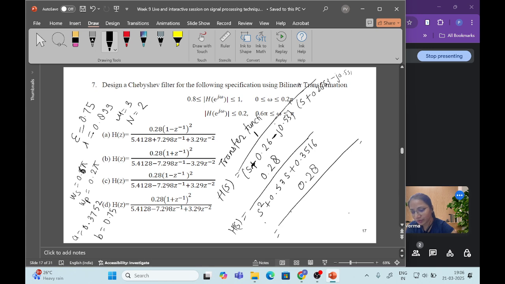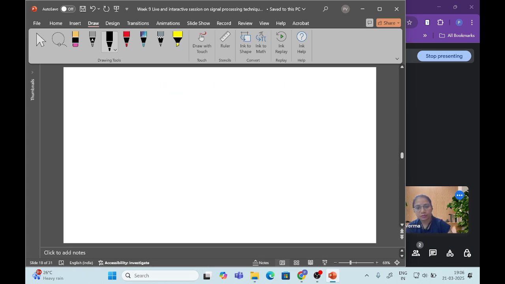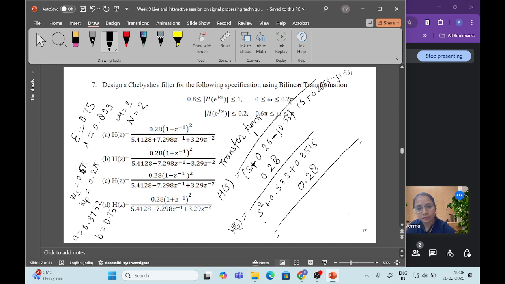So s square, that means 2 into (1 minus z inverse divided by 1 plus z inverse) whole square.